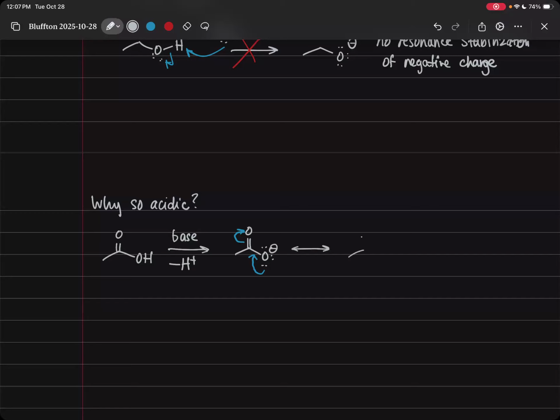So what do we get then? Well, we can now have a double bond to the oxygen there. Now we've got a single bond to the oxygen on the top, which has 3 lone pairs and a negative charge. And you might say, well, that's the same molecule.